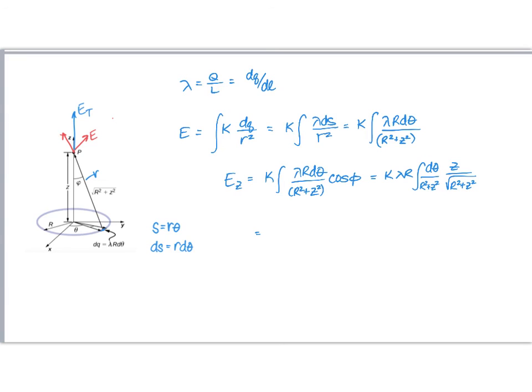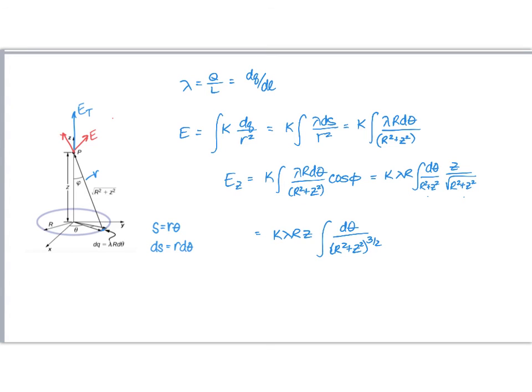And so we end up with k lambda R z d theta over R squared plus z squared to the 3/2, because you have the 1 and then the 1/2.